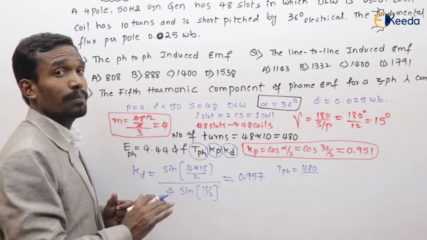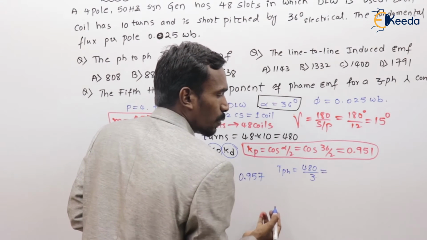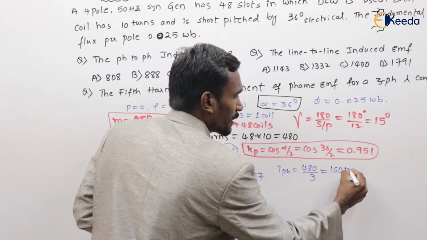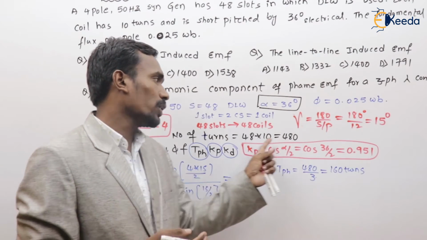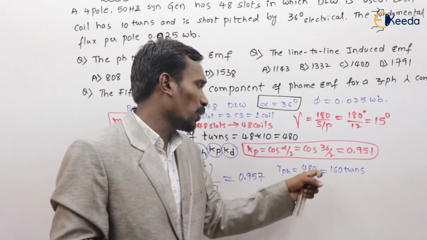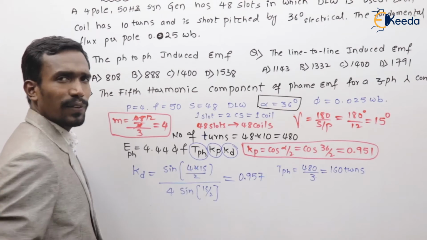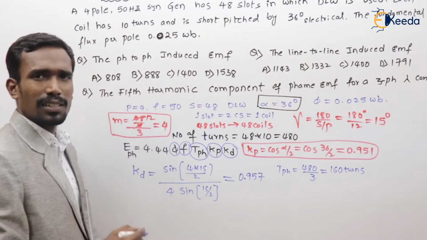So the number of turns for each phase is 160. Total for 3 phases is 480, so for one phase 480 by 3 is 160 turns per phase. So I got turns per phase, frequency 50 Hz, and the flux is given.